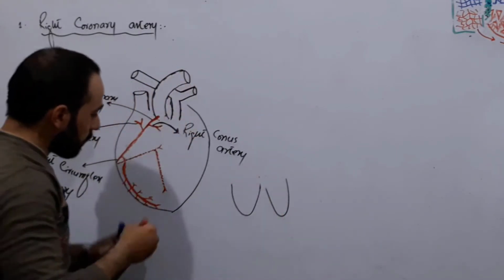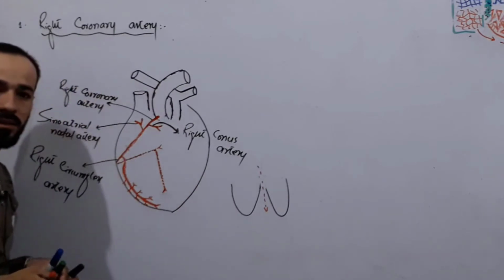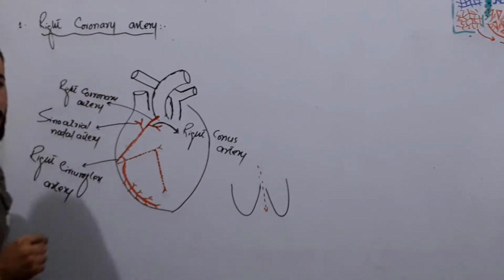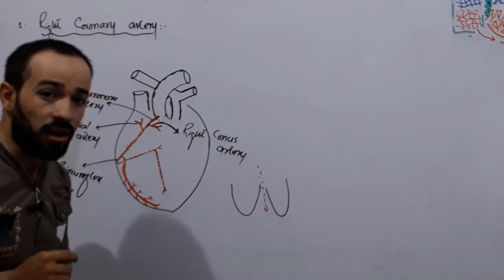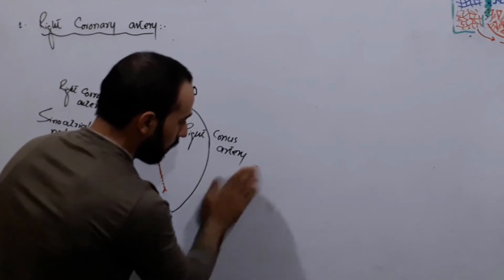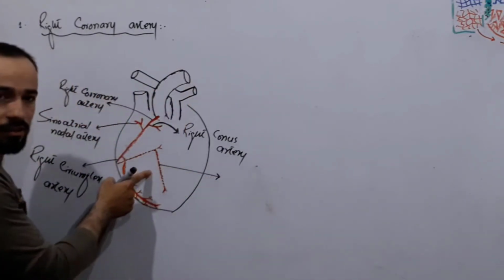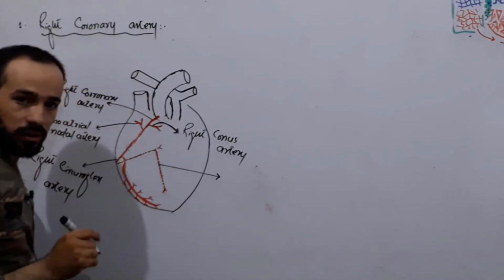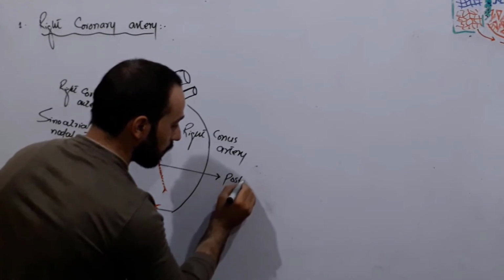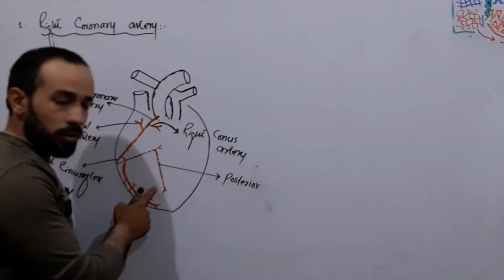So this artery comes down into the interventricular septum. This artery is also known as the posterior interventricular artery or posterior descending artery. Let me write its name: this artery is present on the posterior side of the heart.